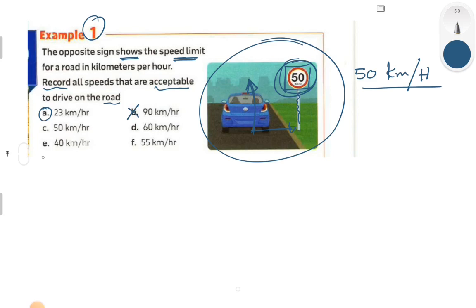It's not allowed. 50, maybe 50. Why? Because it's maximum. Okay, maybe 50 or less than 50. 60, it's greater than, so no. 40, less than, so it's okay. 55, it's not allowed. Now, the speeds I can drive my car at maybe 23 or 50 or 40.